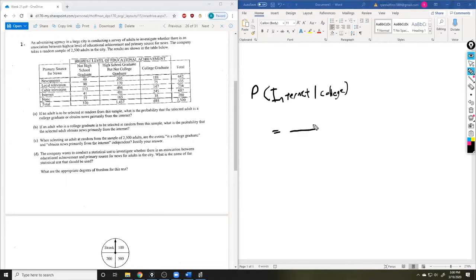And so out of everyone that was a college graduate, 693, how many of them got their news primarily from the internet? That's 245. And that is indeed their answer key over here, rounded to 0.354.